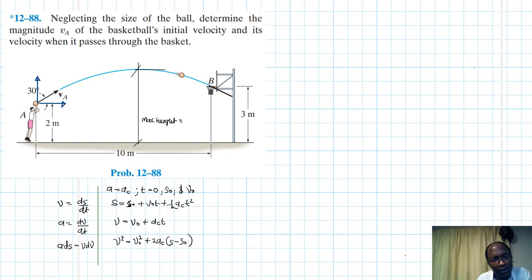So at B here we also have this velocity, which will have some components, one in this direction and the other in that direction. Let's label them. This one is VAY, which is equal to VA sine 30.